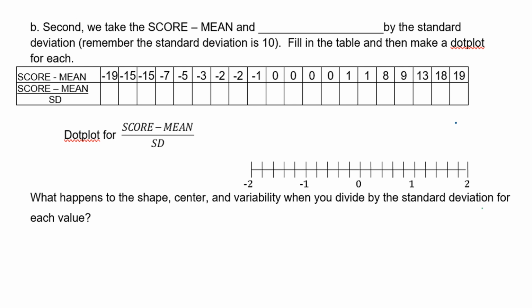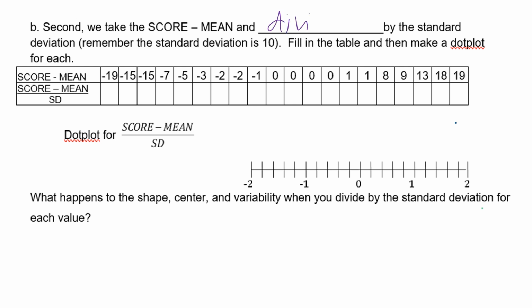So I want to make sure you know that the shape stayed the same, the center decreased by 80, and the variability stayed the same. That's going to be something that we're going to want to internalize for statistics. So then, after we subtract the score minus mean, the second operation we're going to do is divide by the standard deviation.